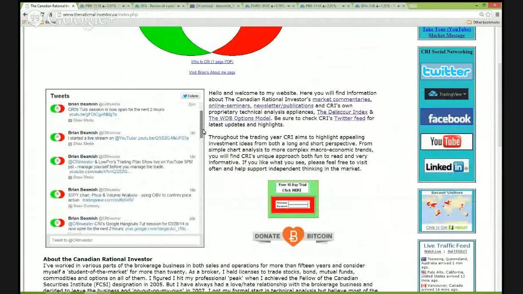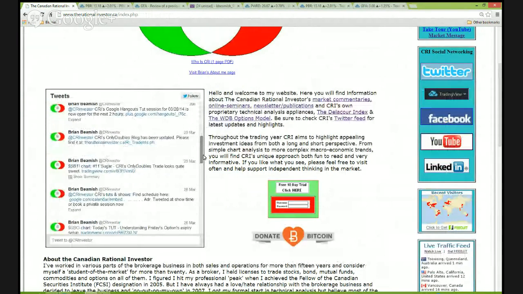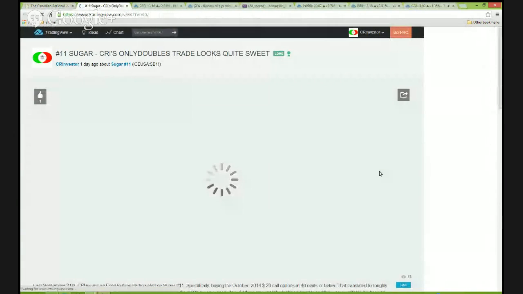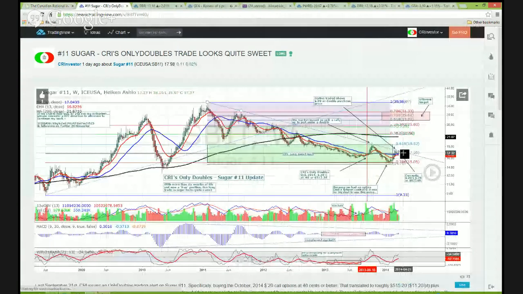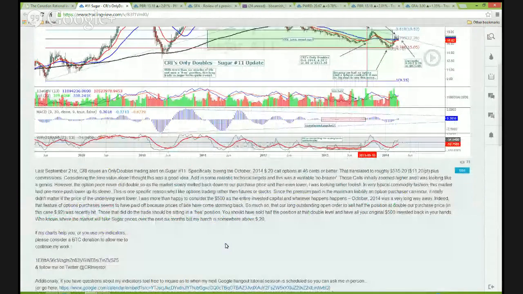Where is it? Here. Where basically we got our double. So the Only Doubles recommendation was put out here. And basically this is the commentary of the trade, and you're more than welcome to read how it went.